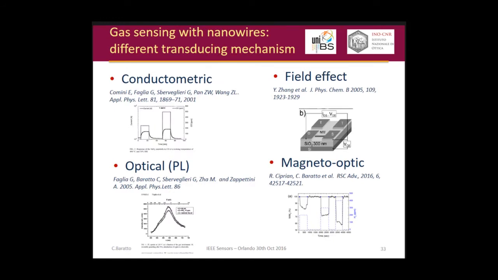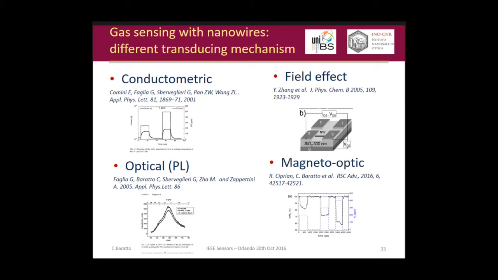Okay, let's go to the second part, which is the gas sensing that we can do using nanowires. Typically in the literature you can find conductometric gas sensors. We were one of the pioneering groups, which asked Wang to use their nanowires.